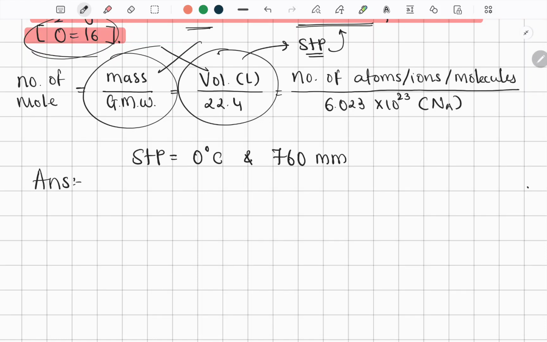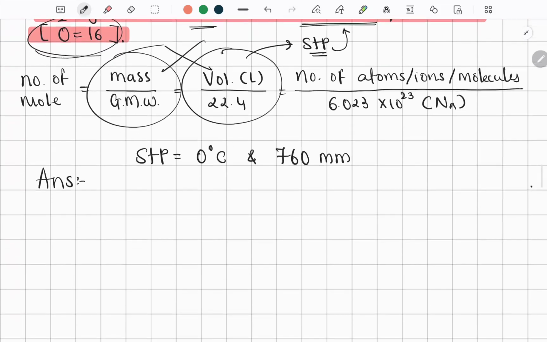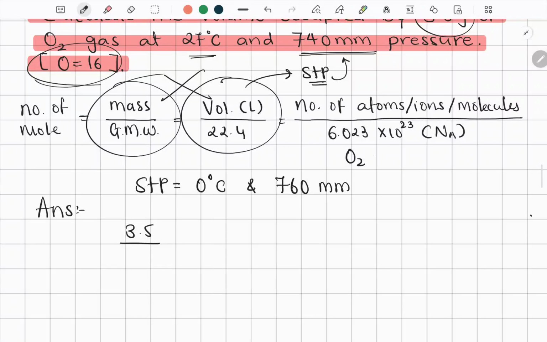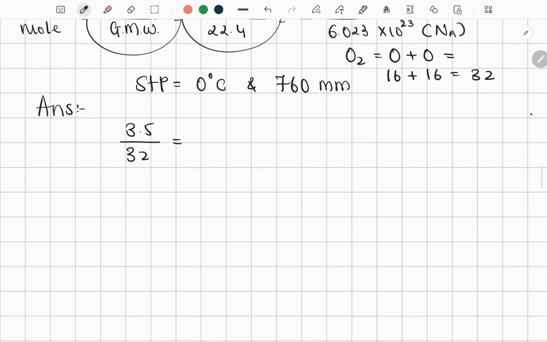So answer. Let's calculate first of all the volume at STP. So mass is gonna be 3.5 gram divided by gram molecular weight of oxygen. So how do we get the O2? When we add one O plus another O, O plus O gives us O2. So 16 plus 16 is gonna give you 32. So gram molecular weight is 32, equals volume in liter, definitely at STP, divided by 22.4.